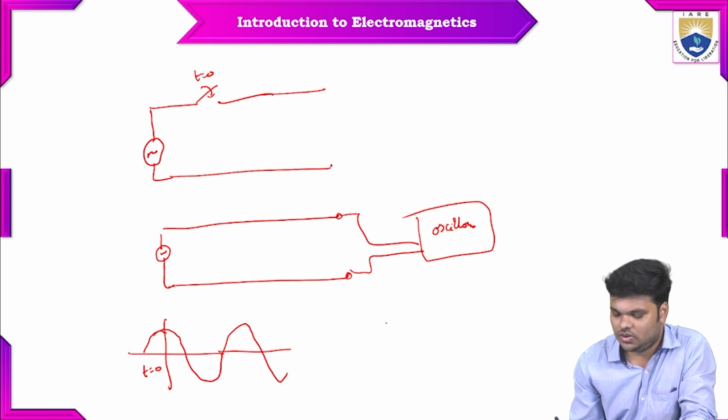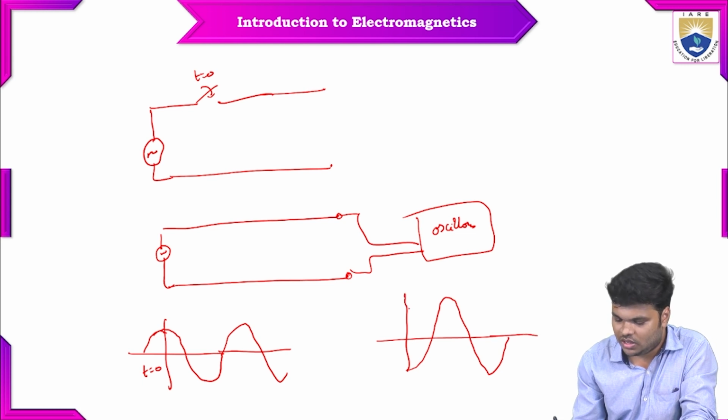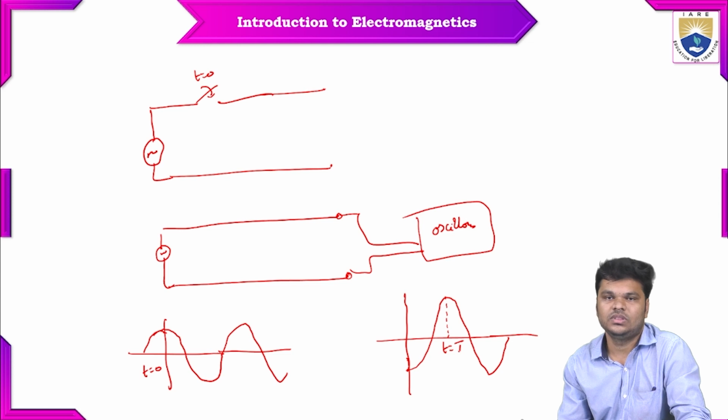And on the oscilloscope we will see a waveform like this. Okay, and if you observe properly, this maxima occurs at some t is equal to capital T. This maxima does not occur at t is equal to 0 on the oscilloscope.